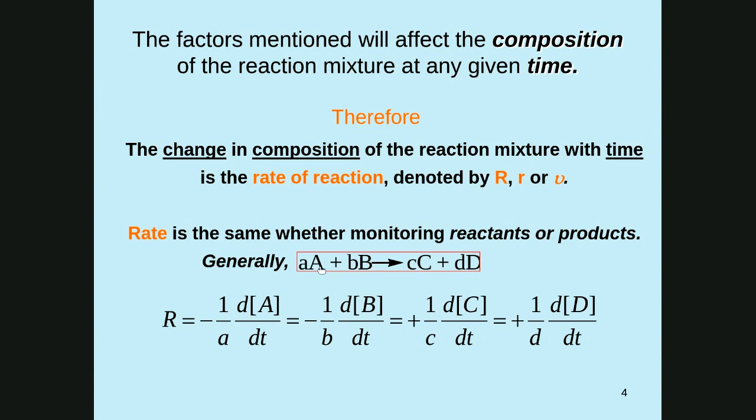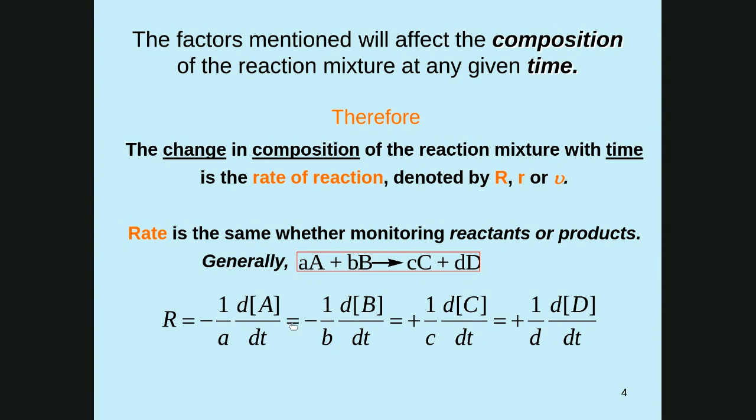So if lowercase a is 1 and lowercase b is 1, for example. But if a is 1 and b is 2, for example, then in each reaction event you lose 2 B's and 1 A. That means the rate of loss of B will be twice that of A.